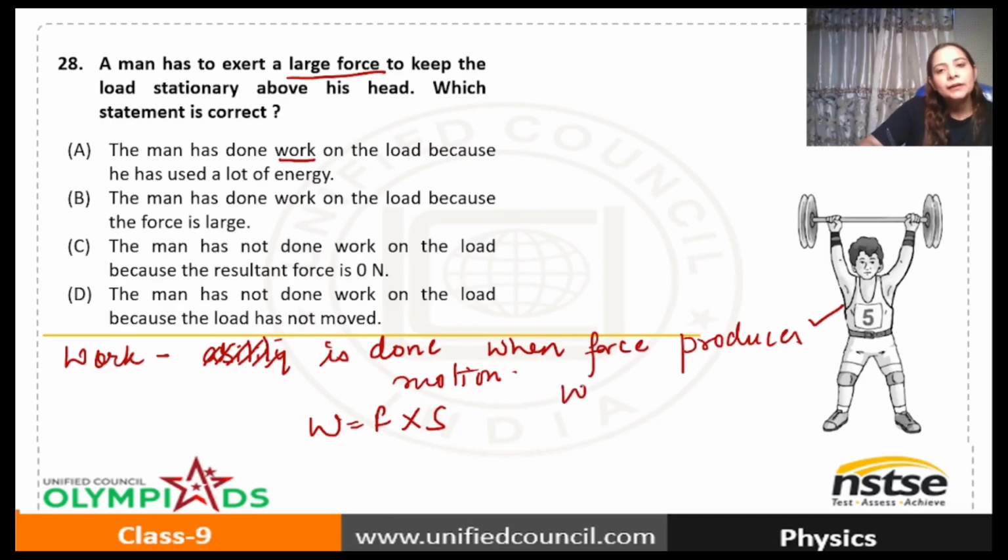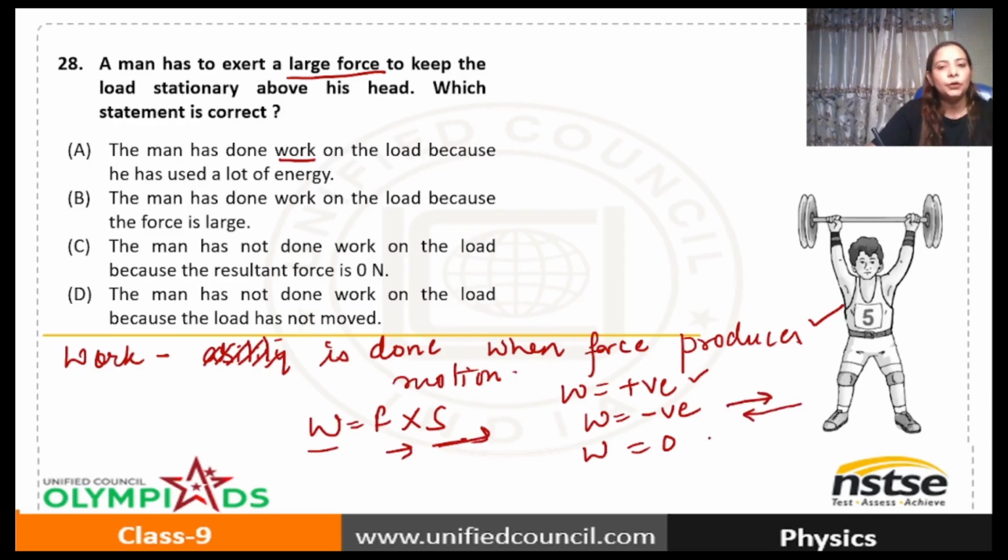Now work done can be said as positive, can be said as negative, or can be equal to 0. So positive work is done when the body moves in the same direction in which the force is applied. And negative work is done when force is applied in one direction and the body is moving opposite to it.